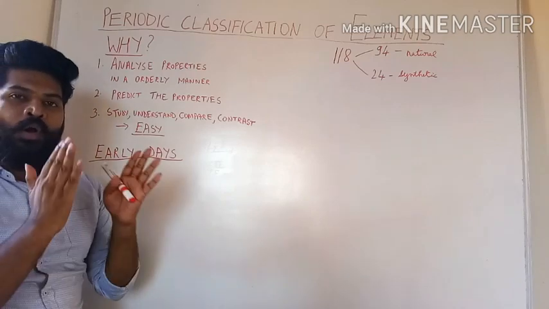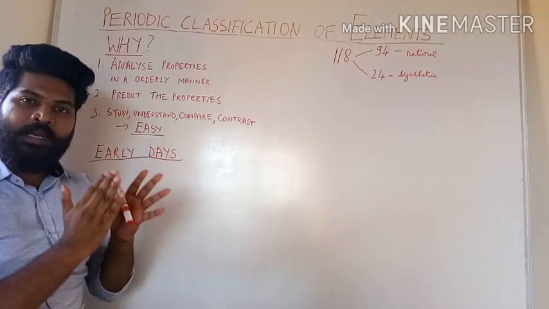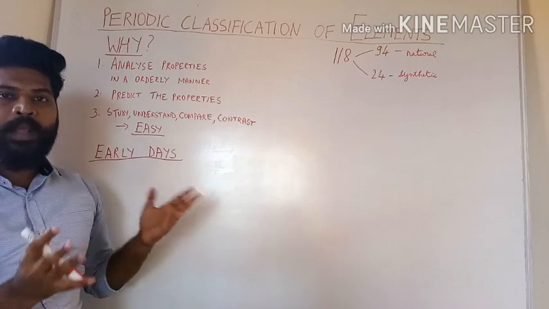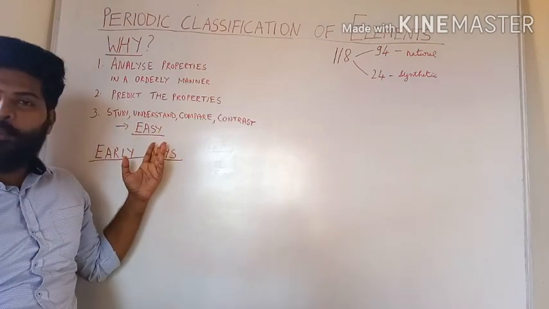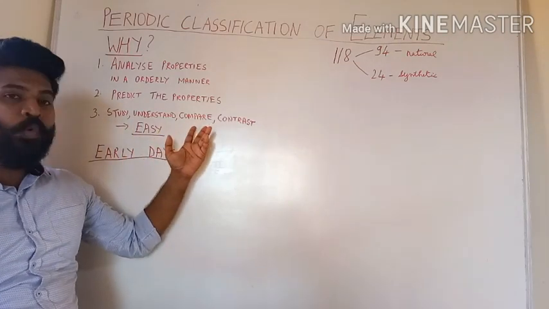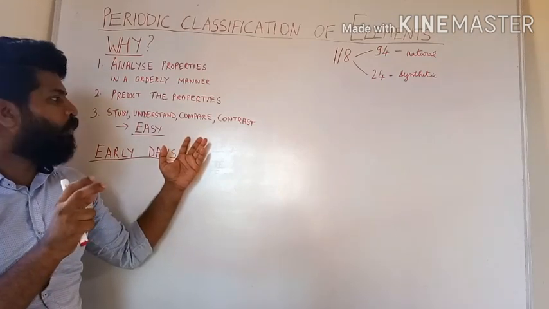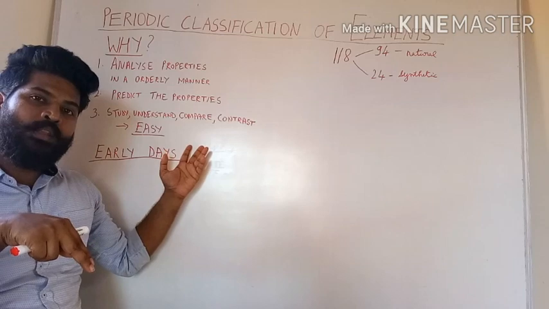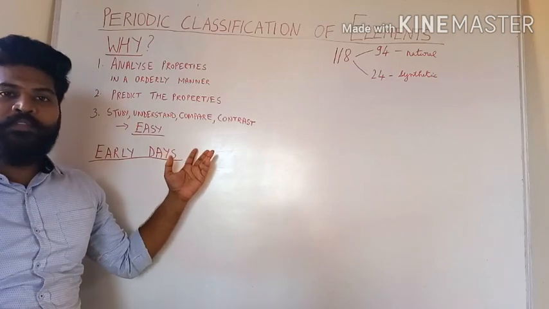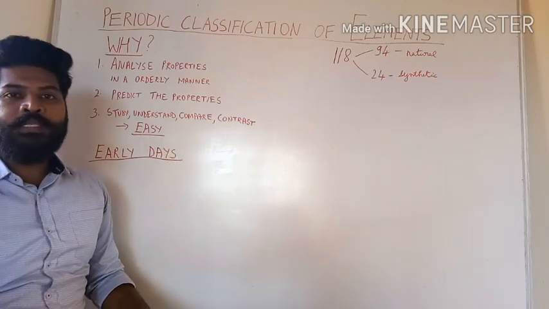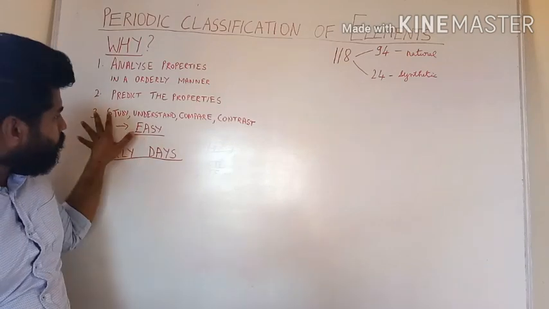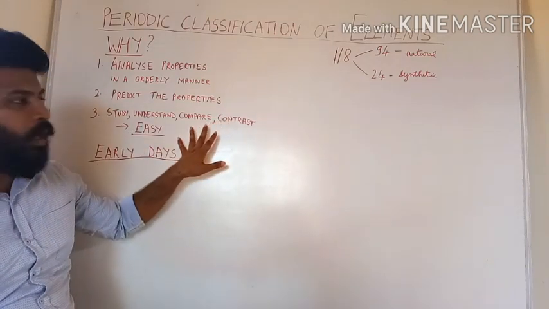When they are classified in a systematic order, studying and understanding becomes much easier. How do elements of a particular group form compounds, and how are the compounds formed by them different from the compounds formed by another set of elements? This is very important.